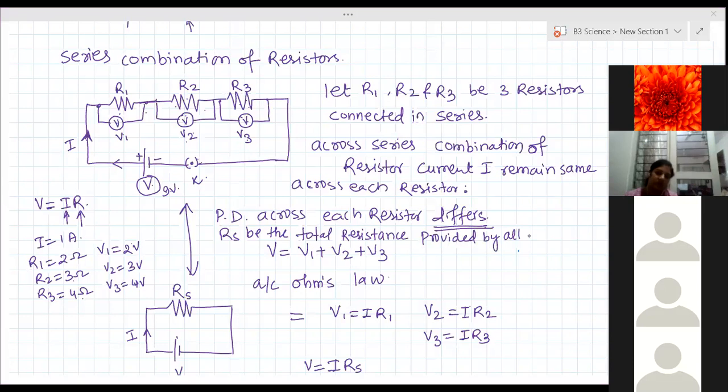Yes, 1 second. Nothing is there. You can start writing from combination of resistors, and first one is series combination of resistors.